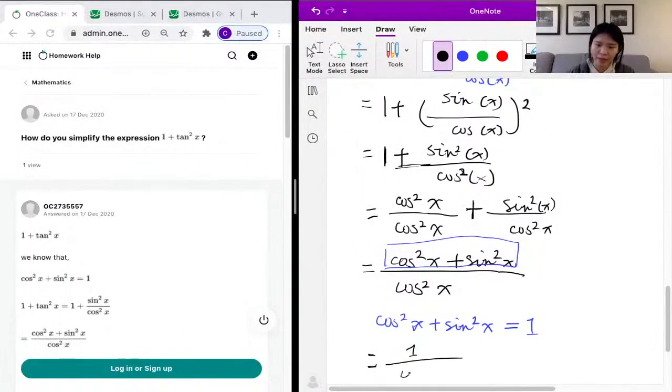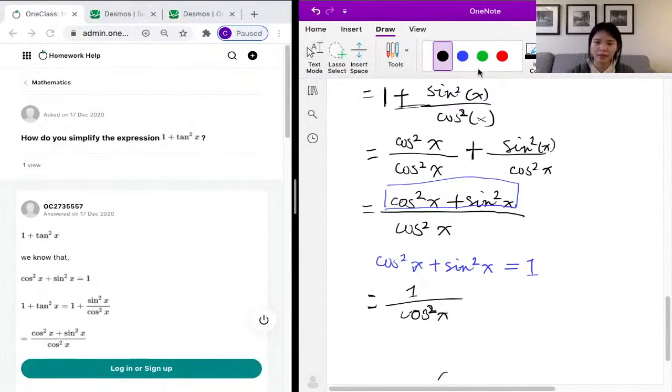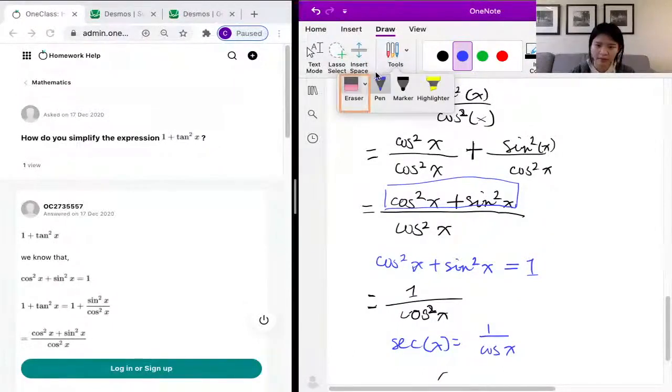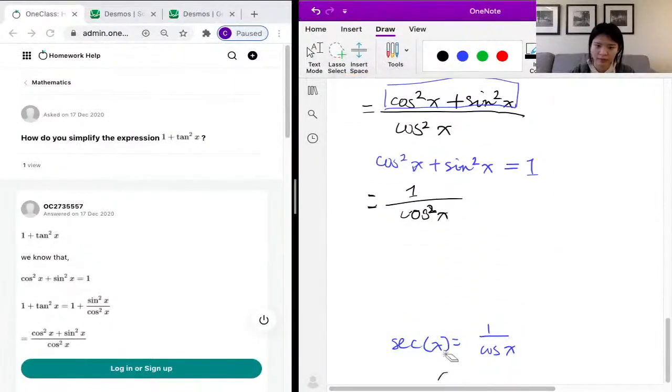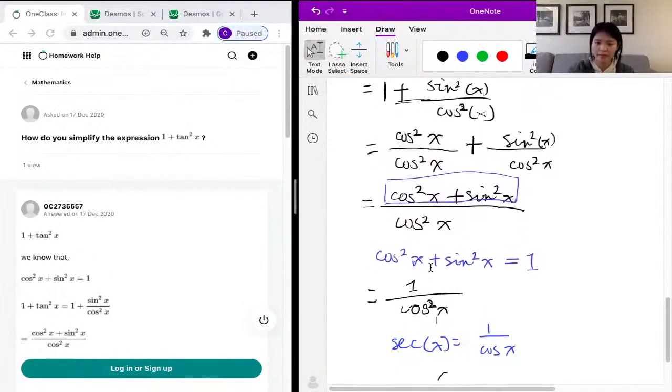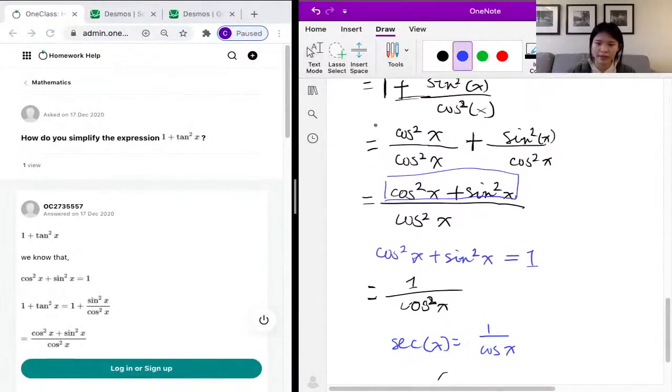So now we have 1 over cos squared x, and we know that secant of x is equal to 1 over cos x. We know that secant squared x is also equal to 1 over cos squared x.